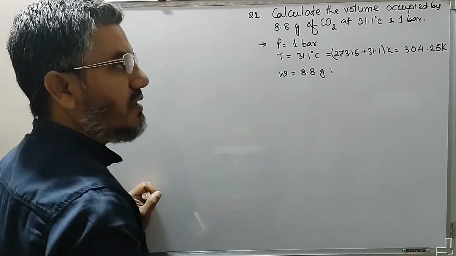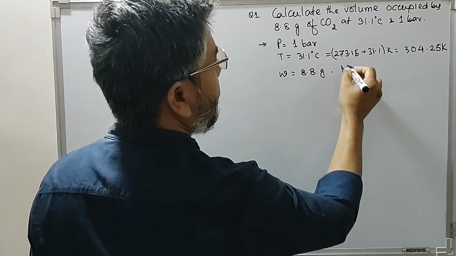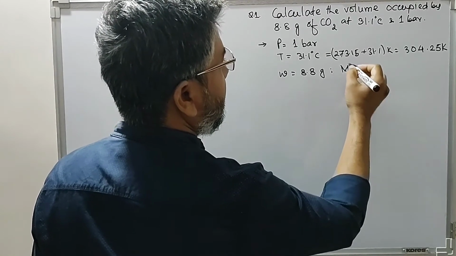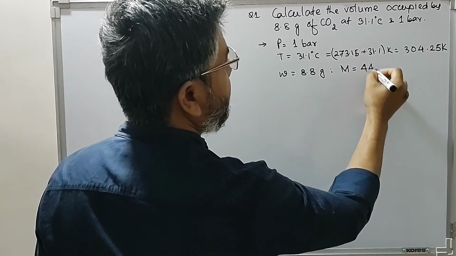Substance is given as carbon dioxide, so the molecular mass of carbon dioxide is 44 gram.